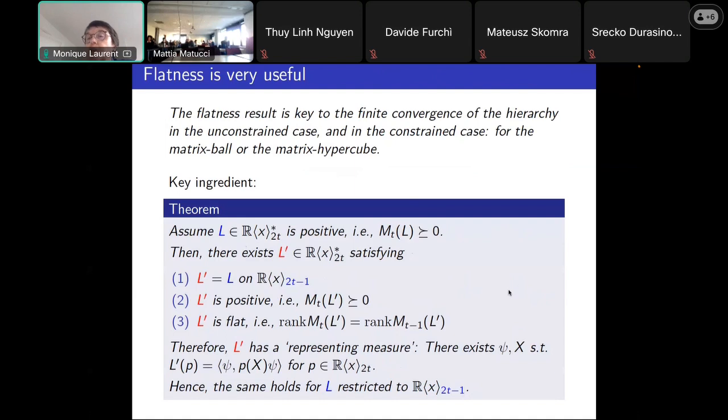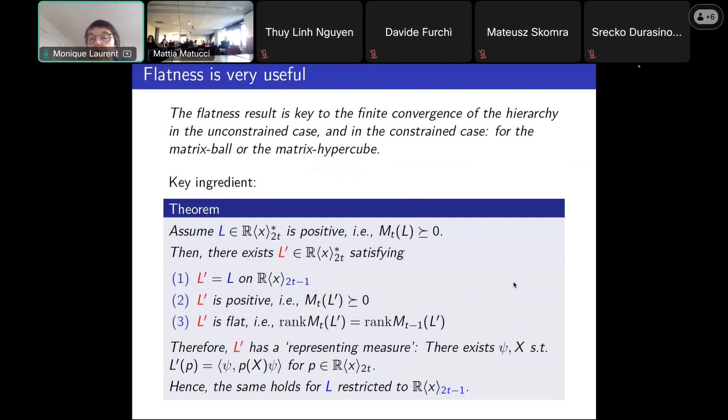And if you look at the submatrix indexed by monomials of degree equal to t, the point actually is that there are no conditions on the entries. Being a moment matrix says nothing because the variables are now non-commutative.